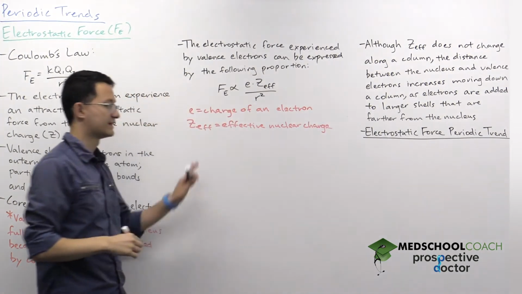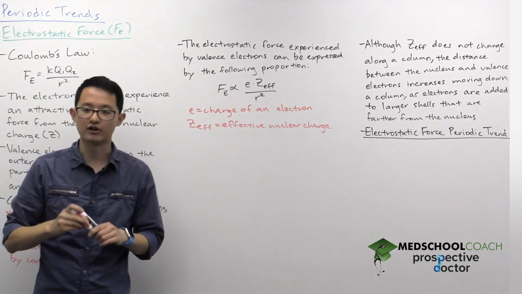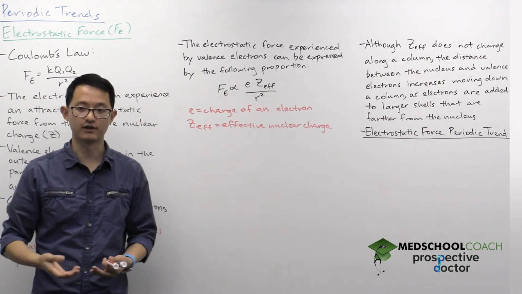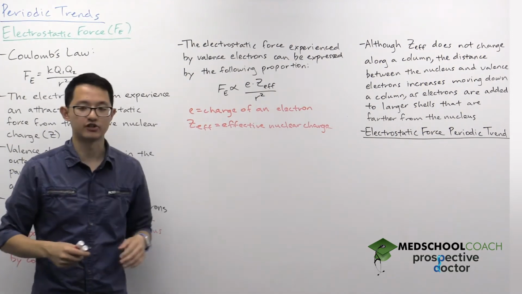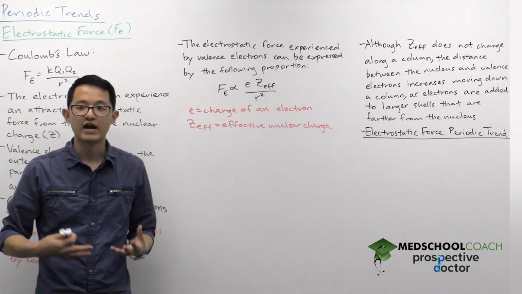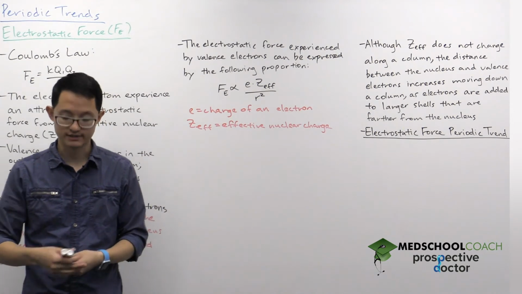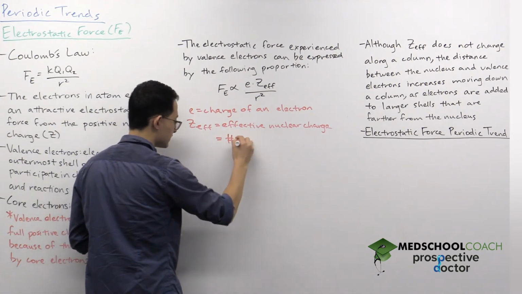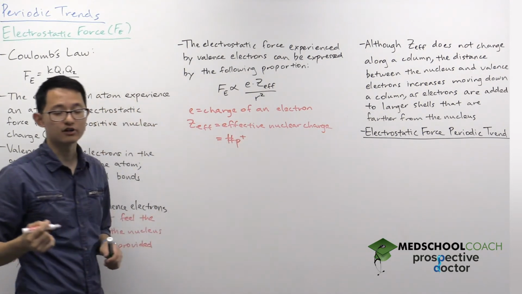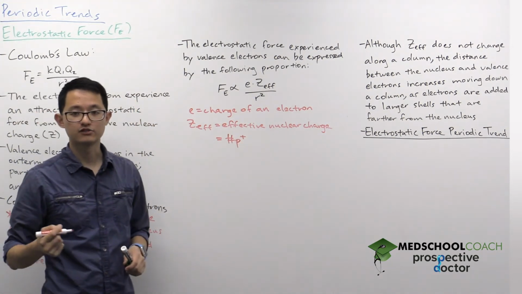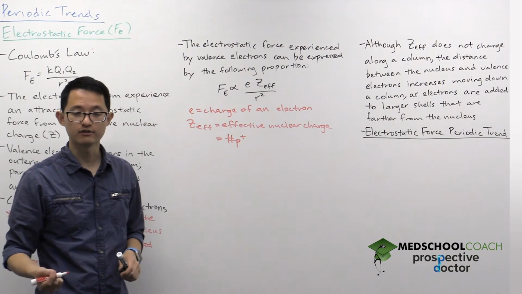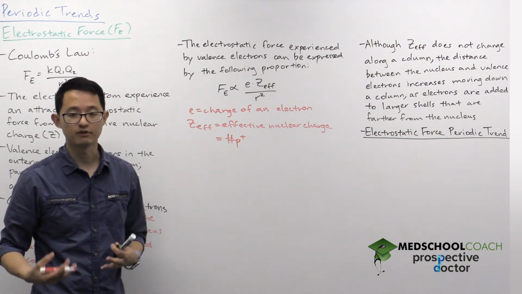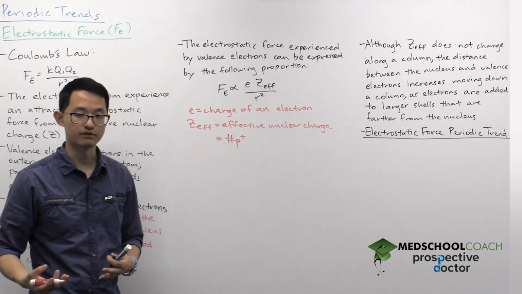You'll recall that Z by itself is the nuclear charge, and it's equal to the number of protons. The effective nuclear charge is the nuclear charge felt by the valence electrons. It's definitely going to depend on the number of protons in the nucleus. However, as we mentioned earlier, the valence electrons don't feel the full positive charge of the nucleus because of the shielding provided by the core electrons between them.